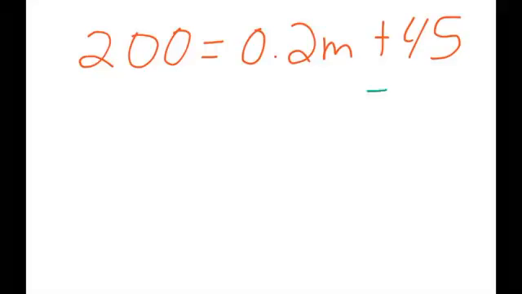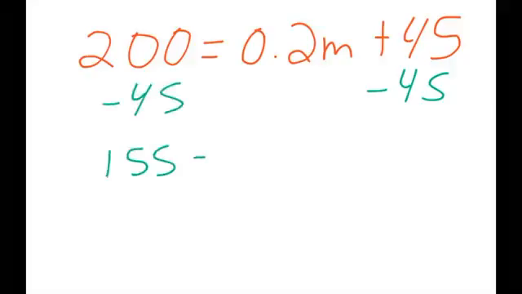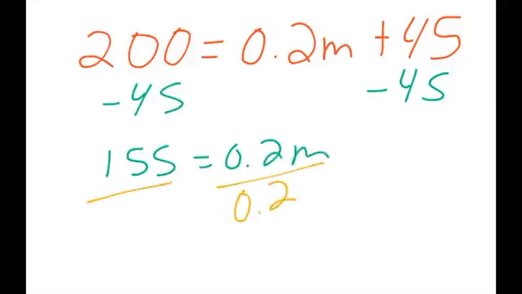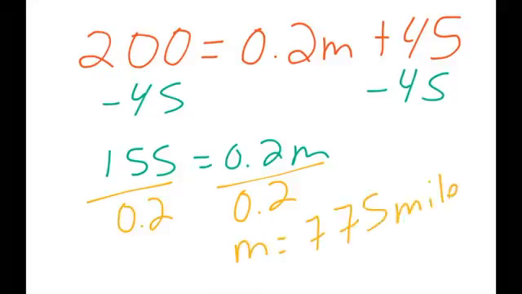We subtract 45 from both sides. I get 155 equals 0.2m. Divide both sides by 0.2. And the number of miles is 775. That's how many miles he could drive in that car.